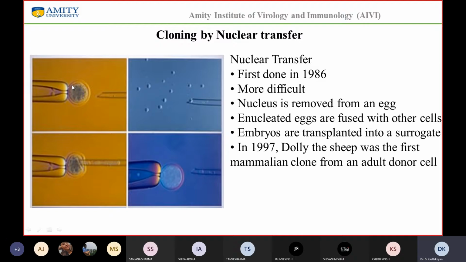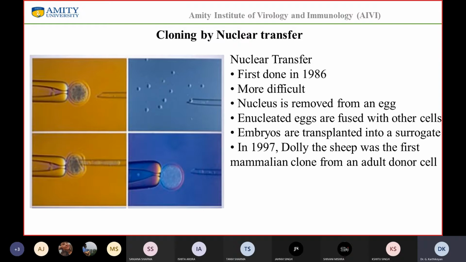Typically you would hold the unfertilized egg with a vacuum suction device. These are extremely minute, visible only under a microscope, so you can imagine how tiny these must be. Then you have a needle, and all of these are extremely sophisticated techniques.